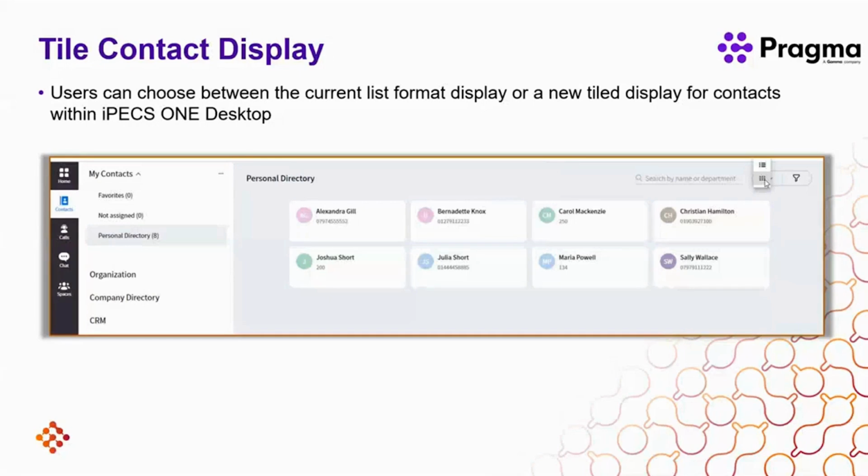You can see in the top right, you've still got an option to toggle between list and tile view. But something important to remember going into the upgrade is that all users will have their contacts displayed in this tiled display rather than the current list display. And that will be done automatically for all users at the point of upgrade.